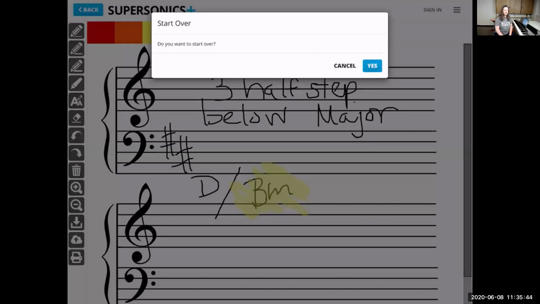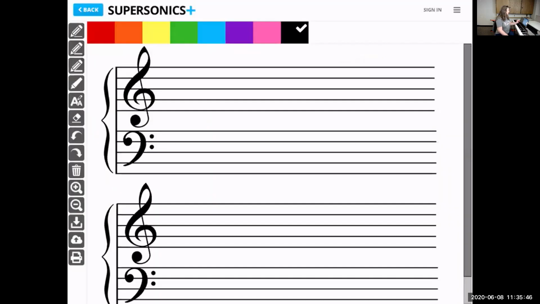Okay, let's do the next one. The next one is, I'll draw it here on the staff. We have B flat, E flat, A flat. Okay?